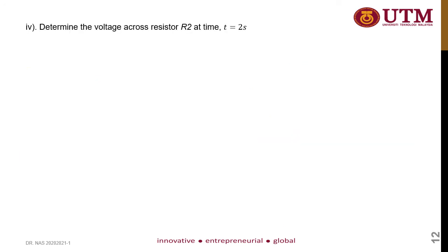Okay, last question. Determine the voltage across resistor 2 at t equal to 2 seconds. From the third question, you have come up with the VR2 equation. So VR2 of t equal to negative 0.5 e to the minus 4t plus 2e to the minus t, u(t).